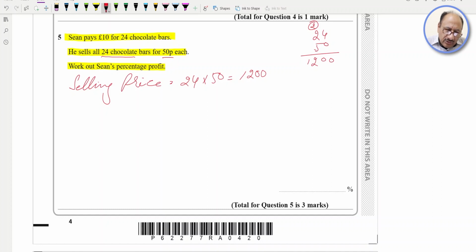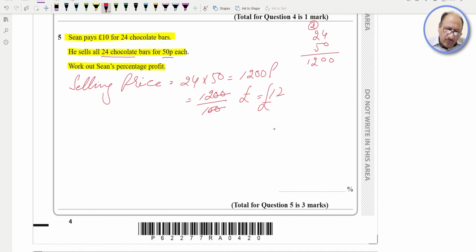Now we can convert into pounds. So this is P, and this is equal to 1200 divided by 100, and two zeros will be cancelled, and this is equal to 12 pounds. So we can write this as 12 pounds.